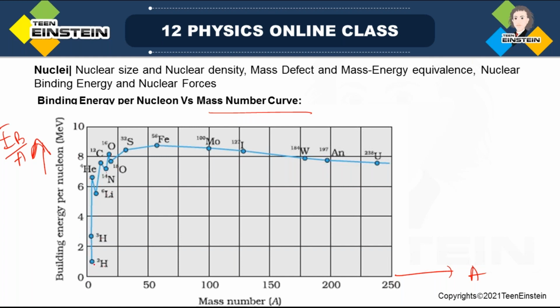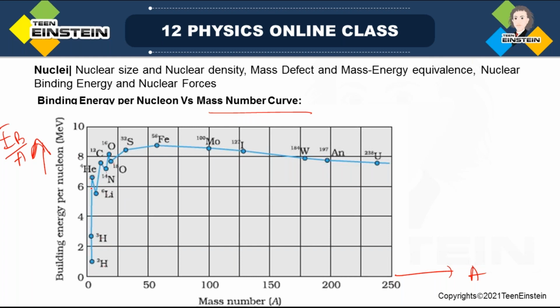When we go from mass number 2 to 20, around here you can see ups and downs, that means peak and dip, peak and dip. So this part is not very smooth, otherwise the curve is smooth.